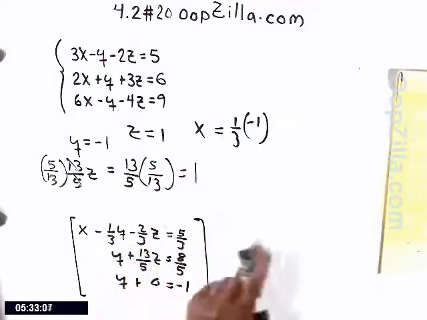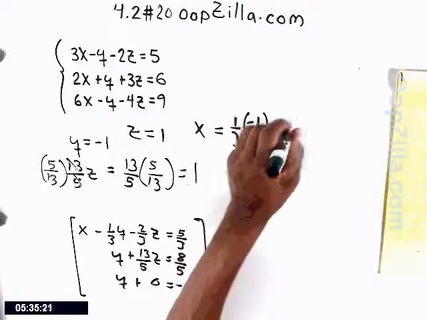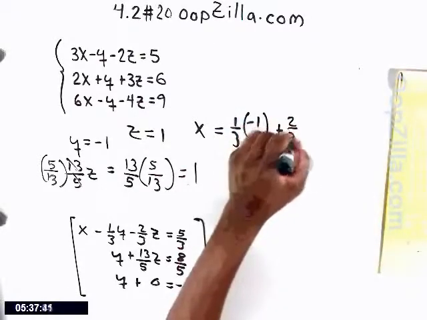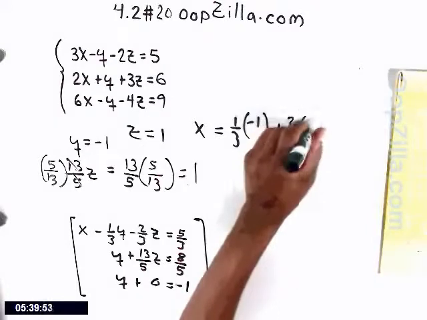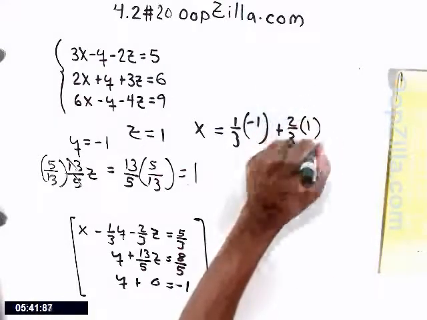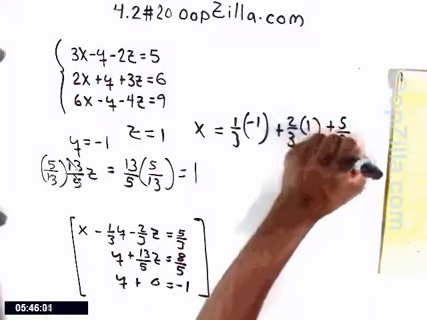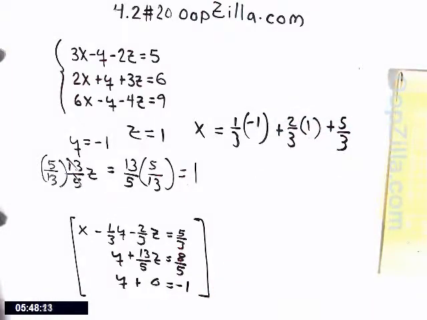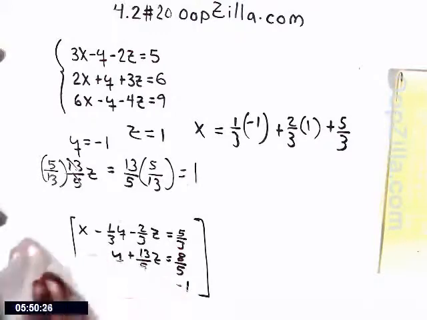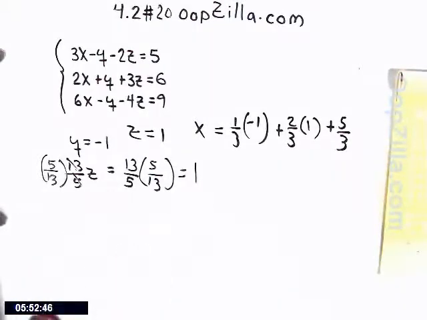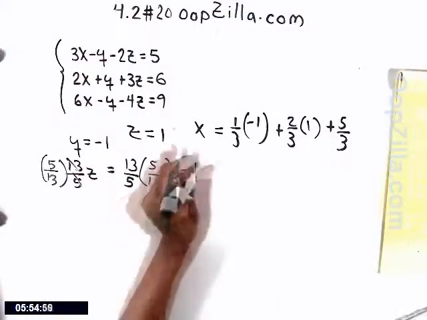And then move this guy over, and that's going to become a plus 2/3 z. And what is z? z is equal to 1, so we don't really need to change anything at all. And then this guy is already plus 5/3. See, all the denominators are matched up. They try to do this for you with these problems. They try to make it so that things do work out if you don't make mistakes.